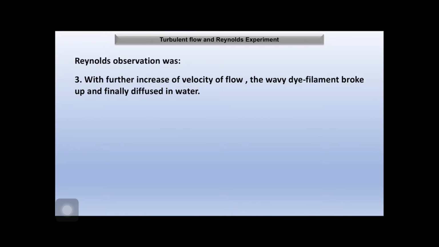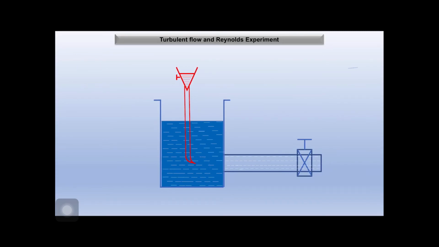When the velocity of flow is increased further and the dye filament is introduced in the glass tube, it will get diffused and flow randomly, disorderly, and the flow will be irregular.